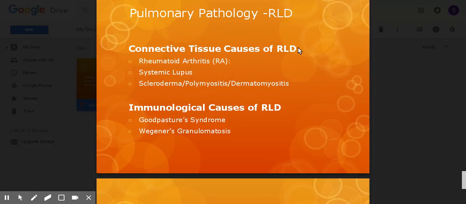So, some connective tissue causes of restrictive lung dysfunction include rheumatoid arthritis. The estimates of rheumatoid arthritic patients who end up with restrictive lung dysfunction is highly varied.